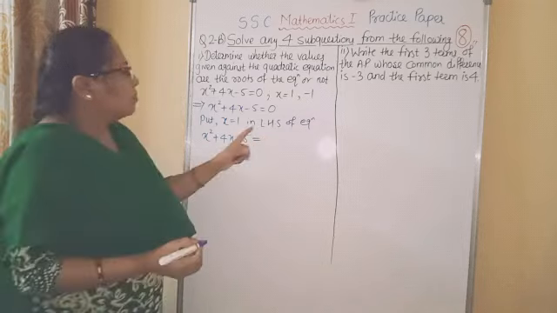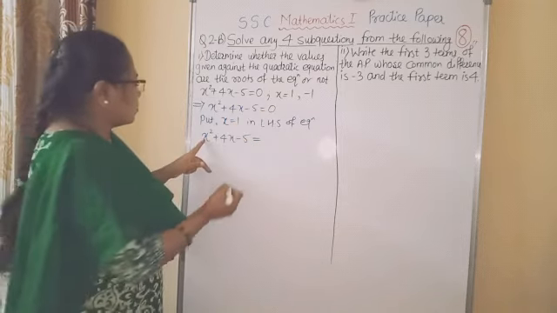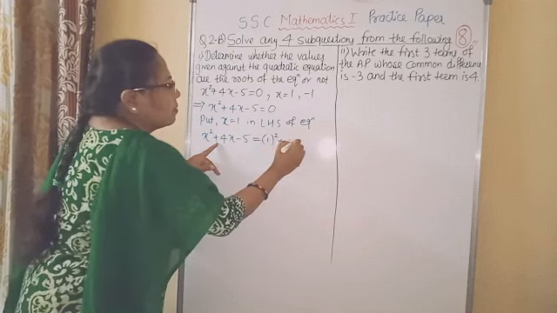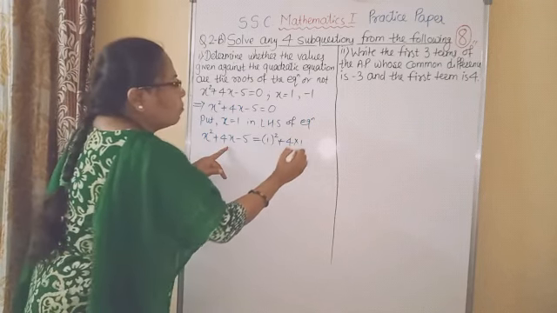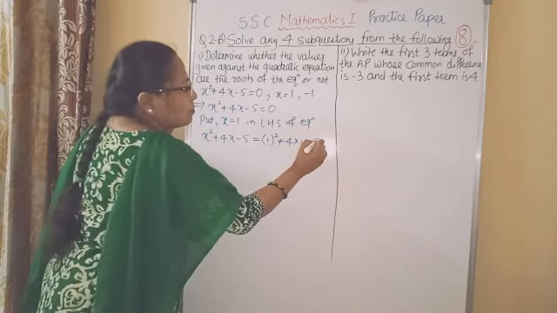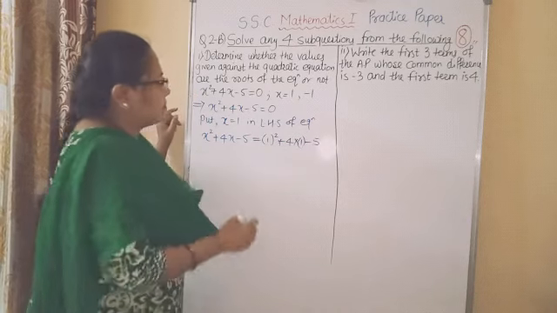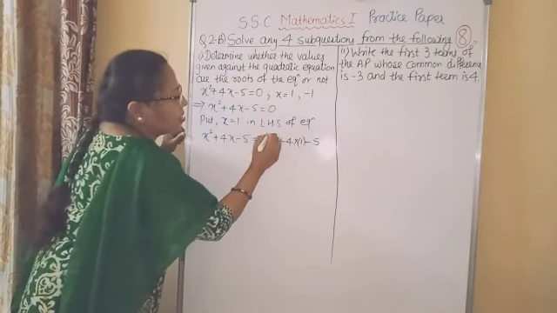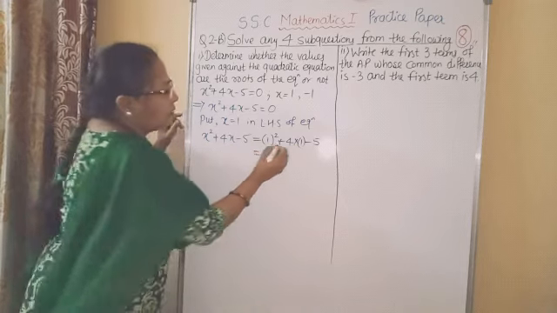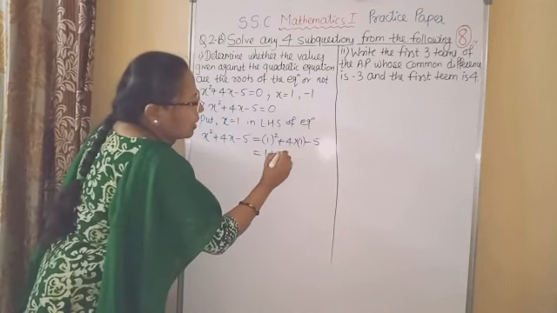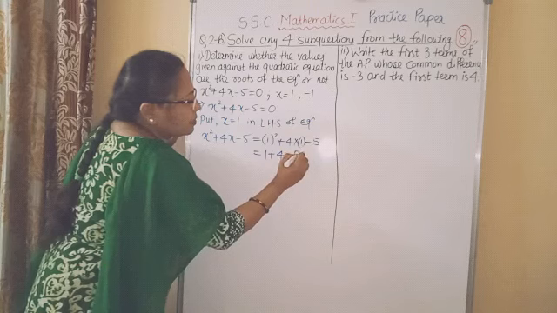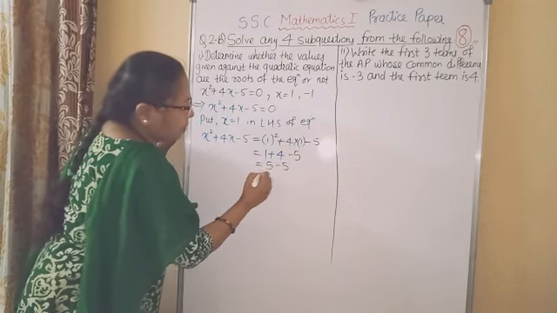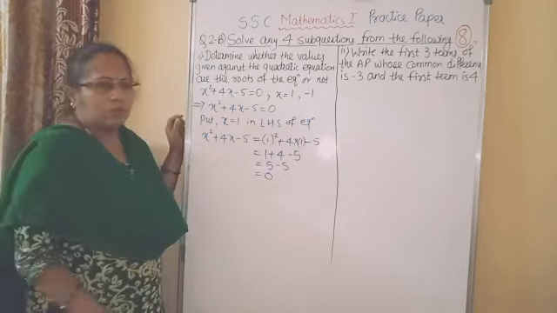Put x equal to 1: 1 square plus 4 into 1 minus 5. 1 square is 1, plus 4 into 1 is 4, minus 5. 1 plus 4 is 5, 5 minus 5 is equal to 0.